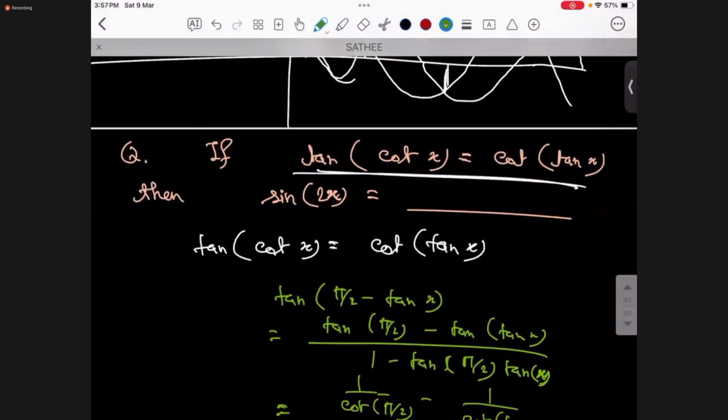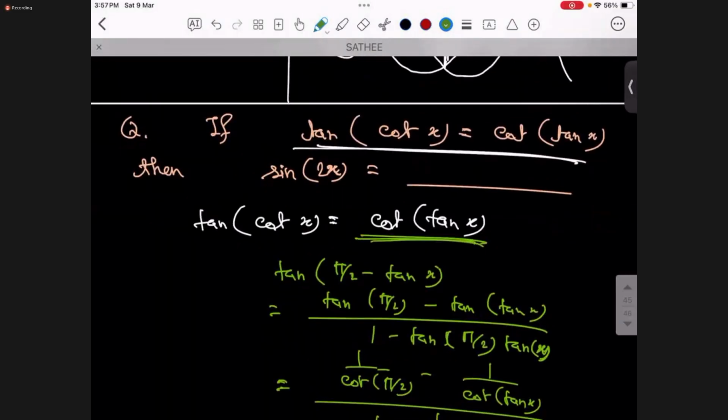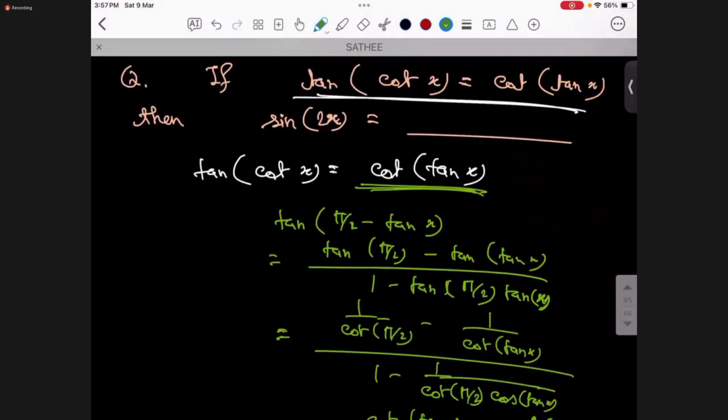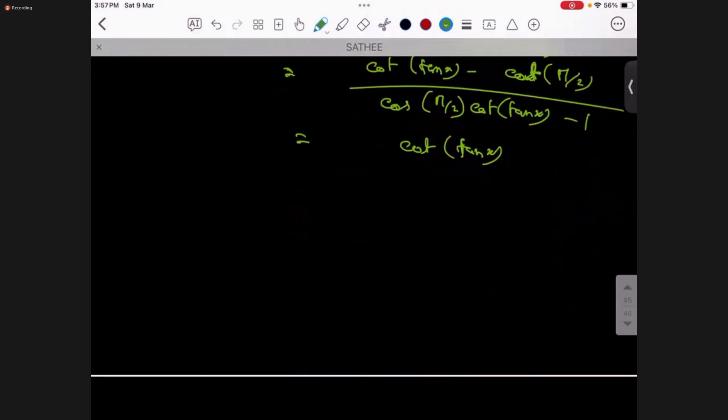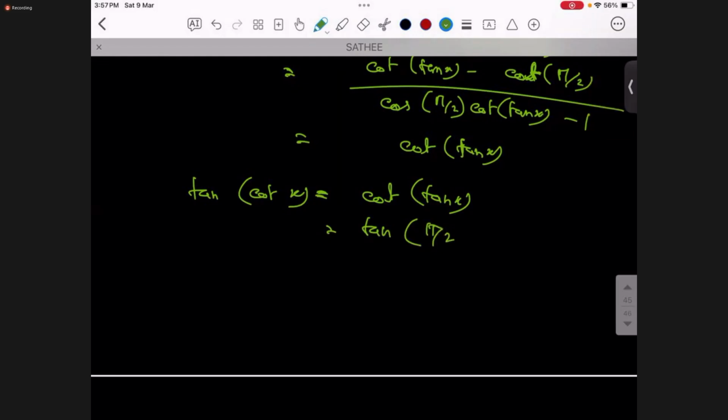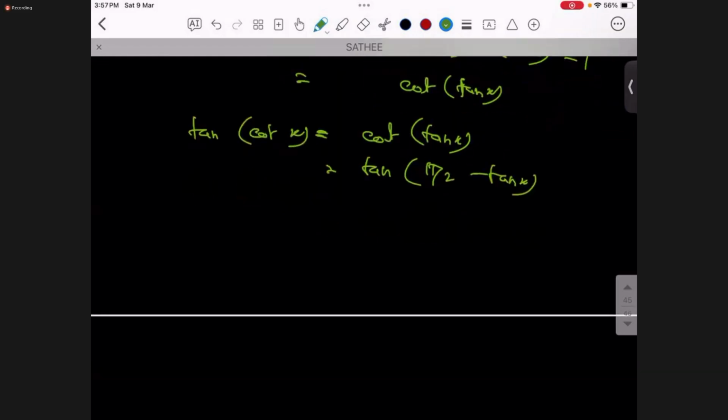Now, here we have already cot of tan x. So, we can write this expression as tan of cot x equals cot of tan x, which can be replaced as tan of pi by 2 minus tan x.